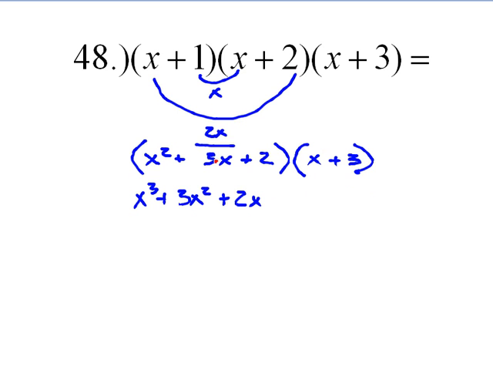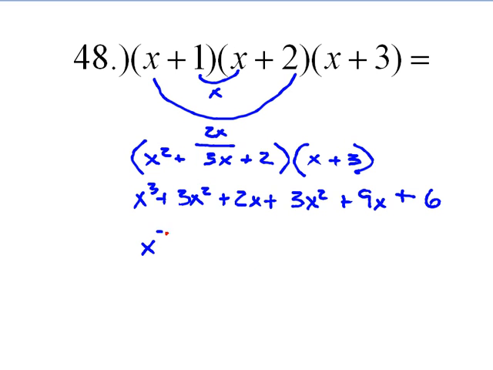Now we have to take the 3 and multiply it by each term. So we get 3x squared plus 9x plus 3 times 2 is 6. Okay, did we get all the terms? I think so. So what do we have?